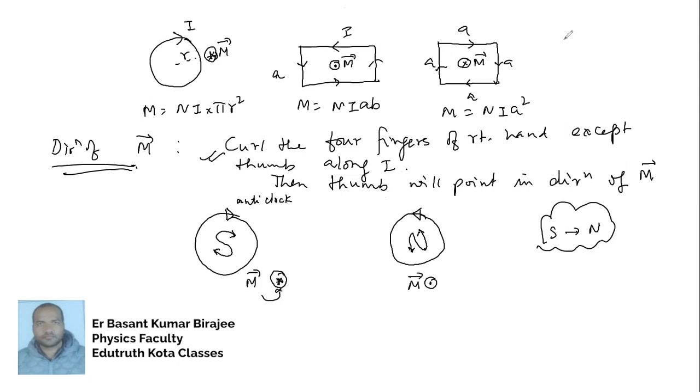And we can find the direction using the right hand, just like we used to find the direction of the magnetic field due to current in a circular loop. Is it clear?